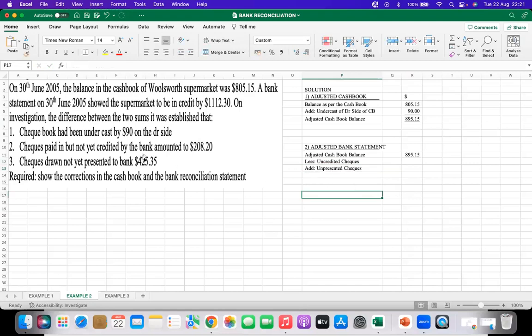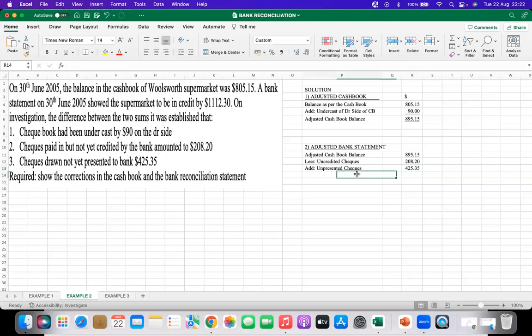So let's read the question again. So you have 208.20 check paid but not yet credited. So that is uncredited check, 208.20. And then you add unpresented check, checks drawn and not yet presented of 425.35.